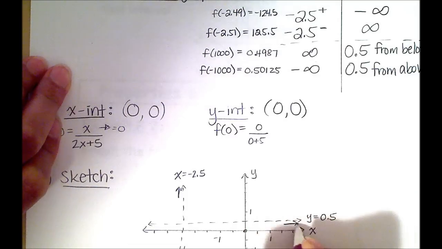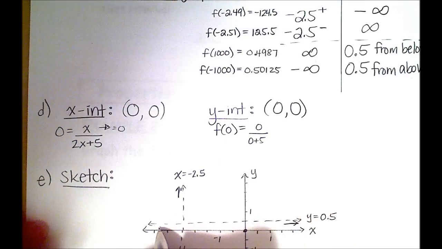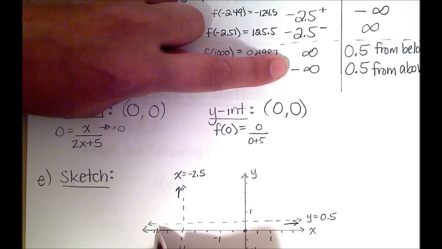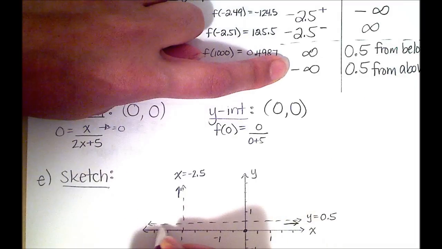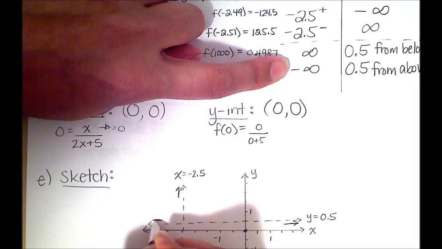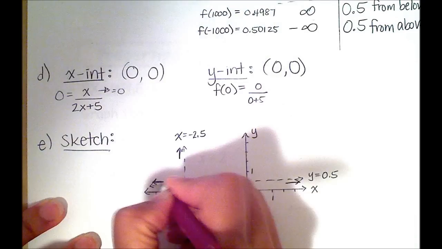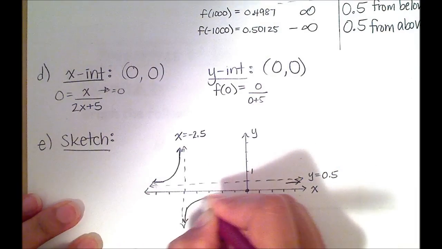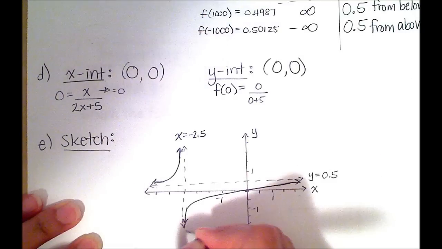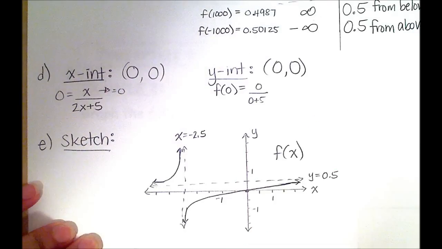And as x approaches negative infinity, the function is approaching 0.5, the horizontal asymptote, from above. So it's sort of doing this. Okay, so you can sort of see parts of my graph being drawn there. And I'm just going to connect it all to get the rest of the graph. And it'll look sort of like that. Okay, and so this is f of x.